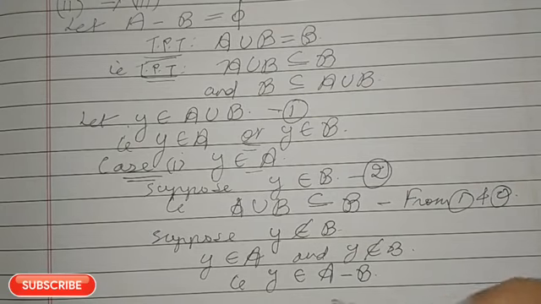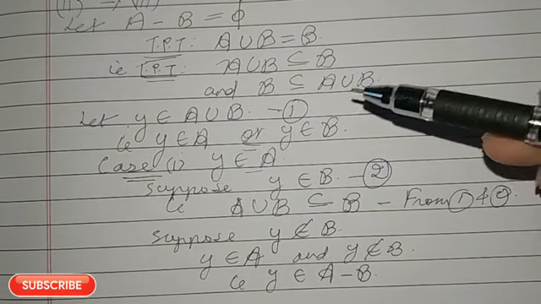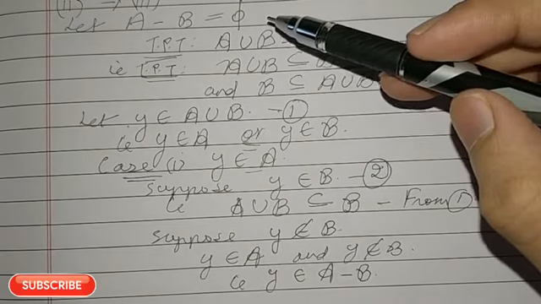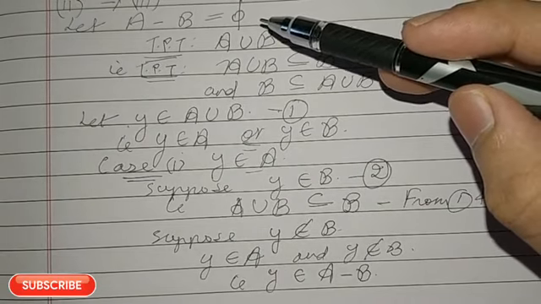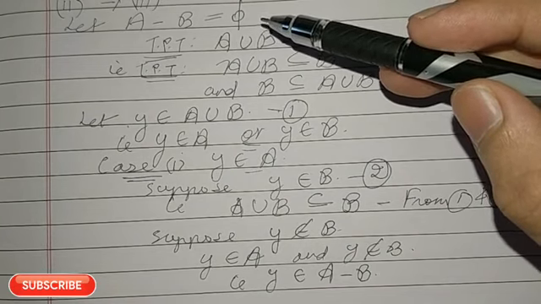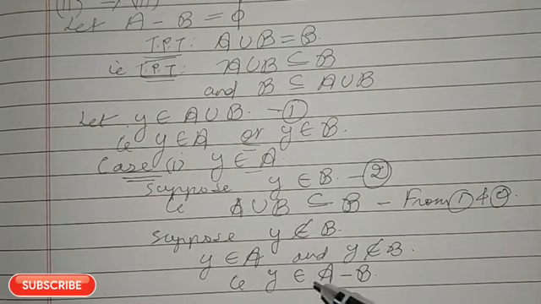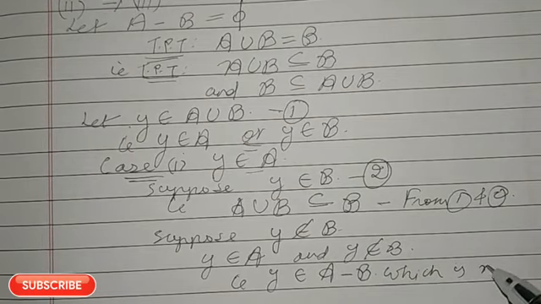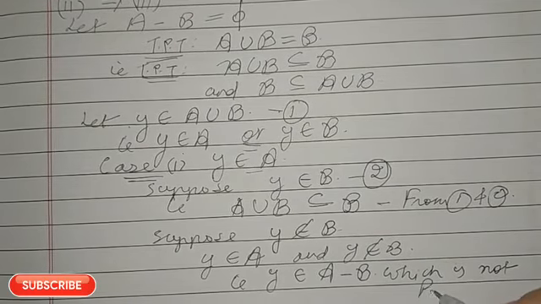So now what you got is y belongs to A minus B, but what is given to us? It is given that A minus B is an empty set. So there is no element y such that it belongs to A minus B, which is not possible.